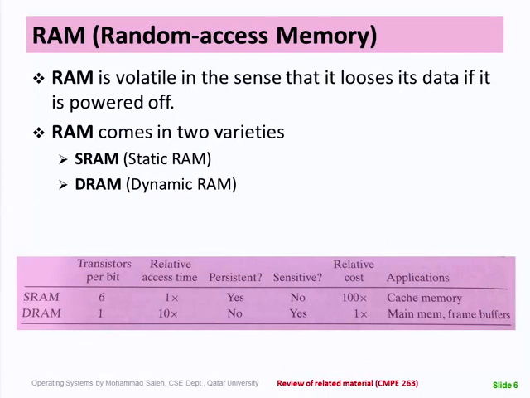There are lots of differences between these two in the way they are manufactured, how expensive they are, where they are used, and how the data is stored, if we talk about the physics of them. This table gives a simple comparison between the two. It's actually a summary of what you're going to see on the next slides.